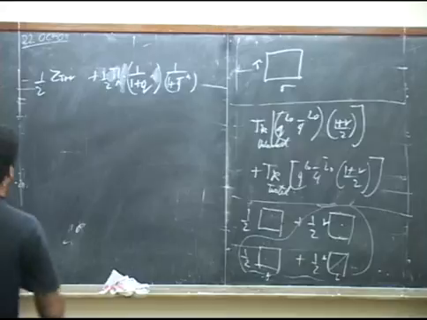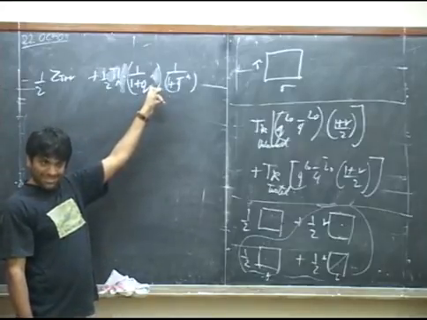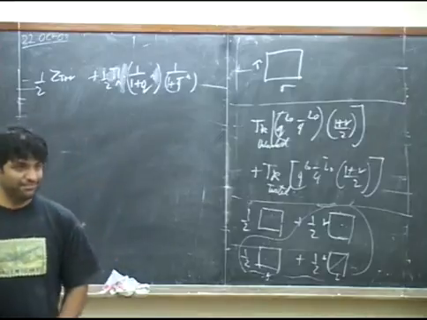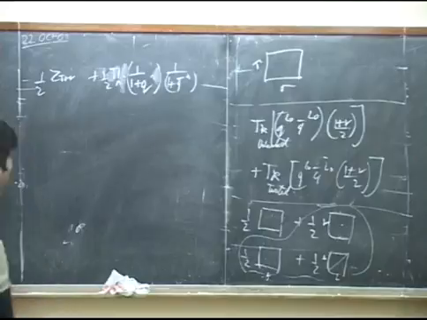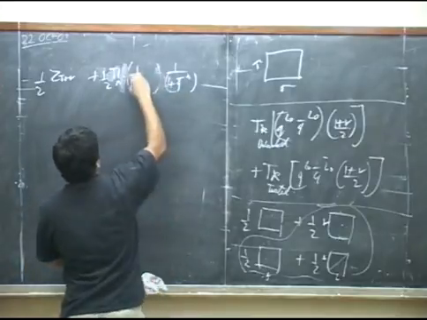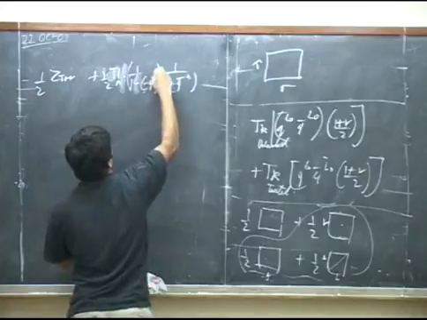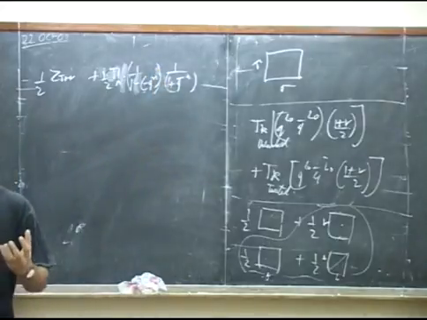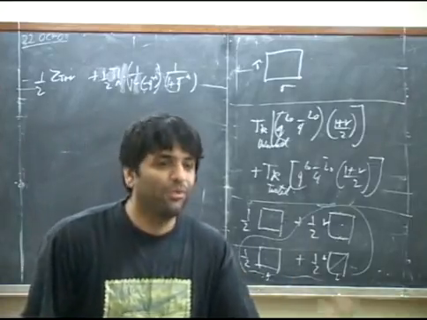Okay? Because each insertion of this Q is an insertion of an extra oscillator. And with this you should regard it as 1 minus of minus Q. So every time you have an extra oscillator, you get an extra minus sign along with the energy weight.